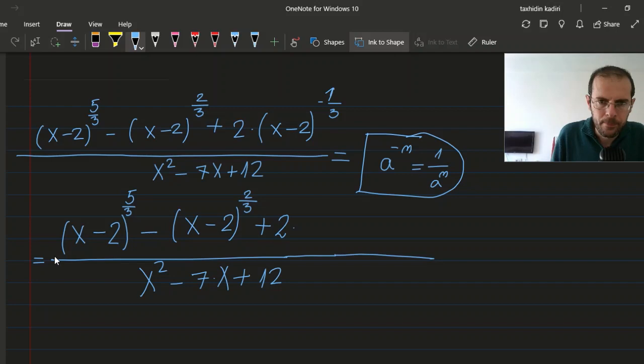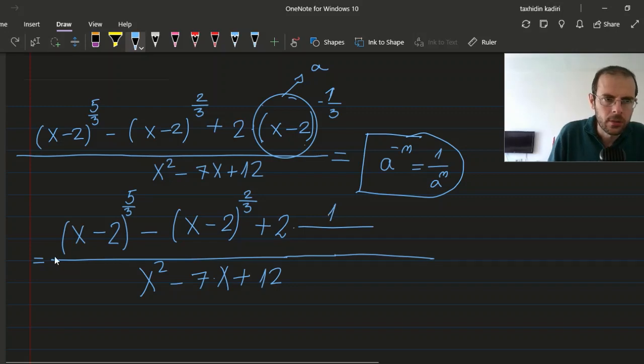Now for this example, this base can be a. This whole thing we can say is a. Now this expression we can write as a fraction, 1 over, sorry, just a second, we have base x minus 2 to the power 1/3.